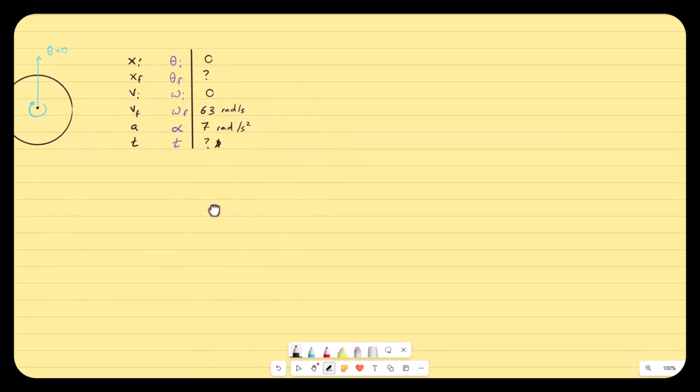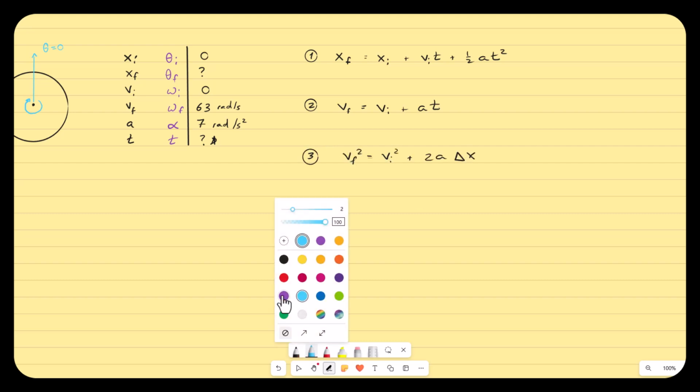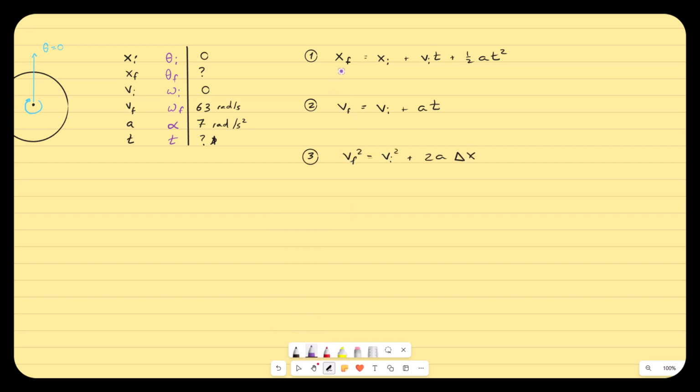I will move this thing over and write out my kinematic equations. I'll write out the linear ones first, just for this first time, and then I'll write out the rotational versions. And now the rotational version.